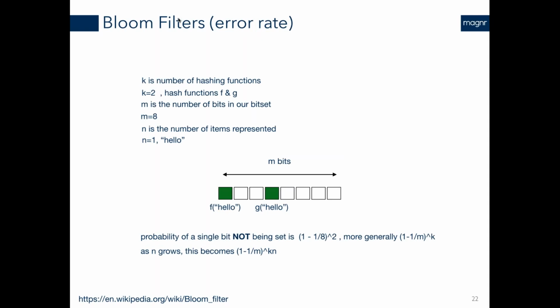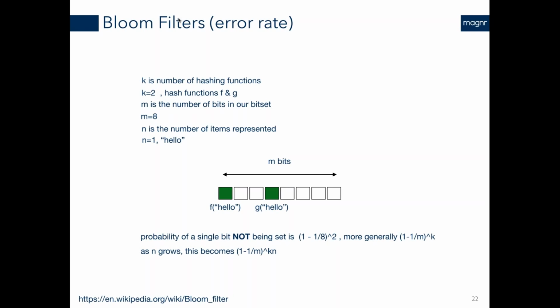So if we have k hashing functions, and in my example I've used just 2 hashing functions, so k is 2, and if we have a number of bits in our set, and I've just used 8 bits, it's a very small set, it's a single byte, and the number of items we're representing, and in this case I'm using just 1 data item, hello, then we can see the 2 marked sections, and we know that the probability of a single bit not being set is (1 - 1/8) to the power of 2.